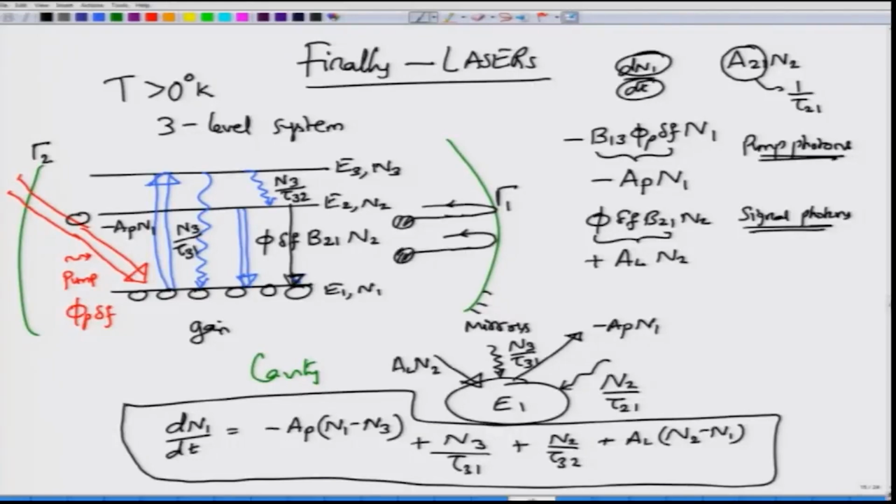These stimulated emission photons again travel towards the second mirror, undergo a reflection at gamma 2 and then come back. So, inside the cavity they are circulating back and forth, thereby increasing the total population density of the signals.